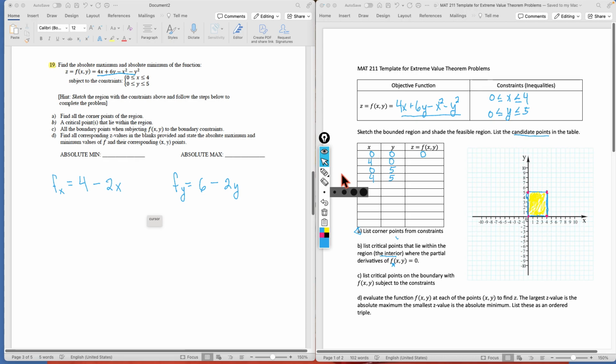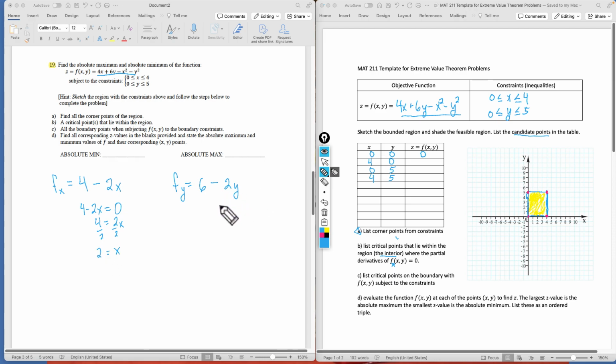So, okay, this is going to be easier. Let me get my pen back. We set this equal to 0. Add 2x to both sides. That gives us 4 equals 2x, right? Divide both sides by 2, and we get x equals 2.